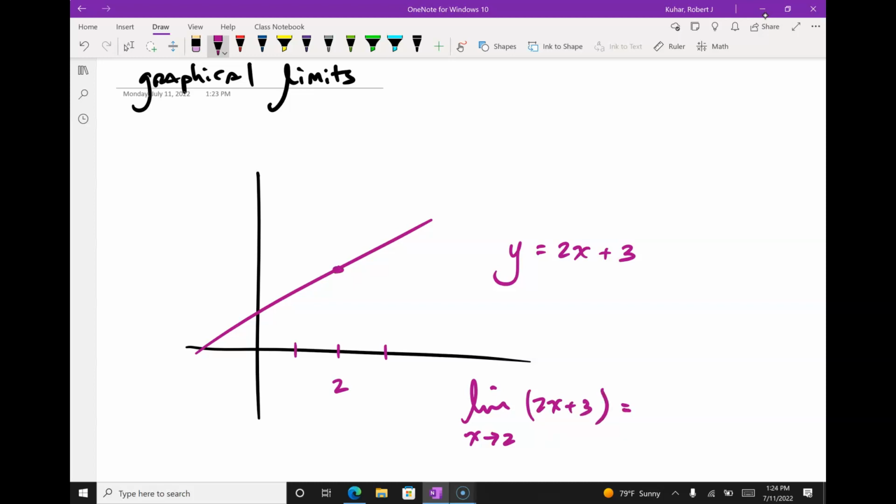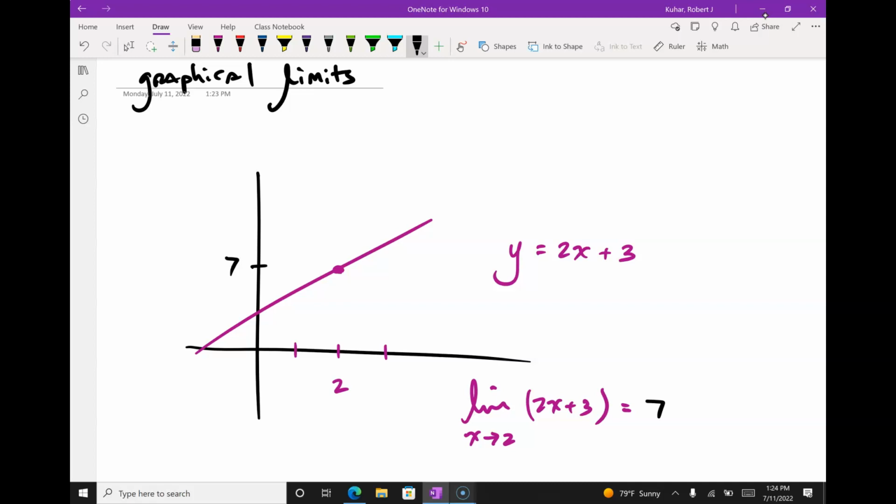That's all we want to know. What is it? 7? Yep. It's that simple. Of course, it better be that simple if I have just a function that's a line.